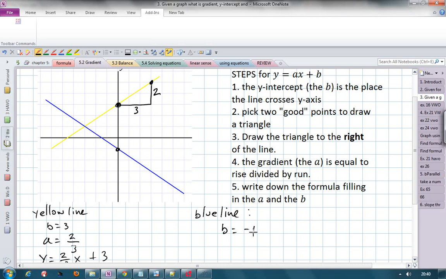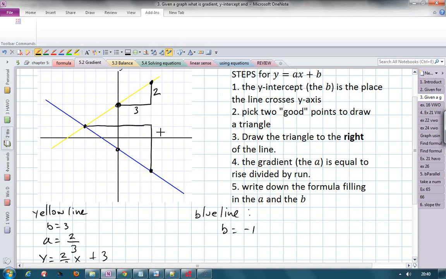I then draw another triangle, and now I'm going to take this as one point, and instead of taking this one, which would also be a good point, I'm just going to show that it doesn't matter how big your triangle is, because it's about the ratio of the sides. So just to get ahead of myself, the rise of -2 over 3 is really the same thing as -4 over 6, but that's just getting ahead.